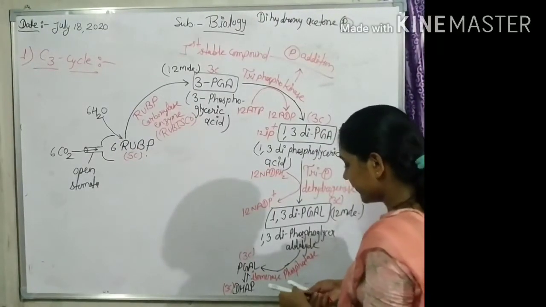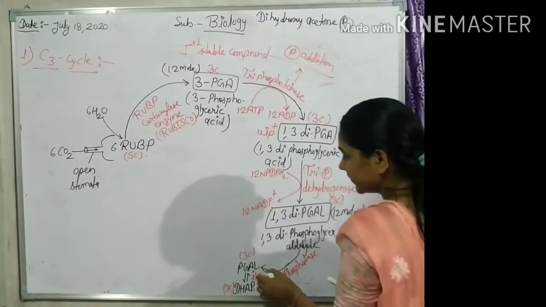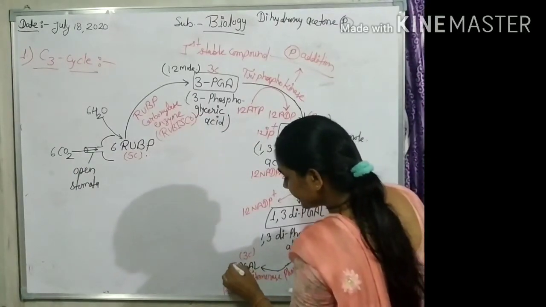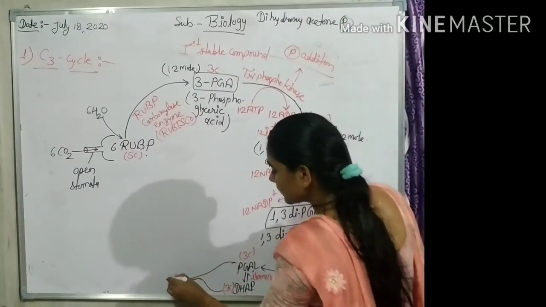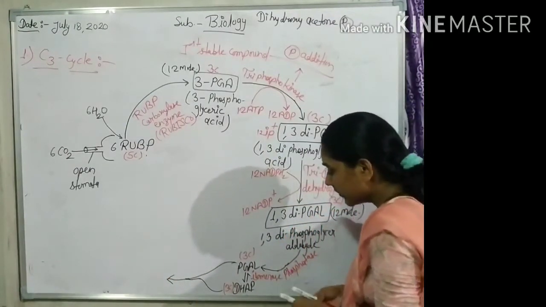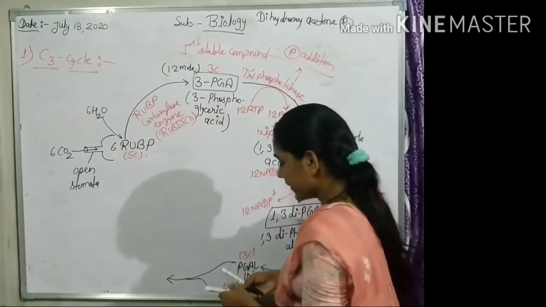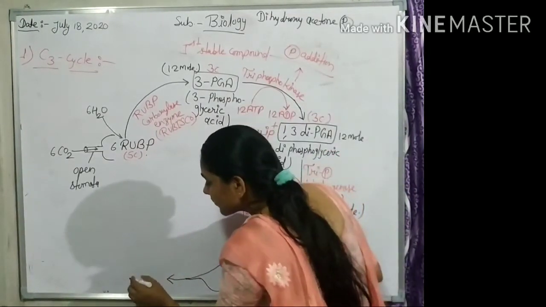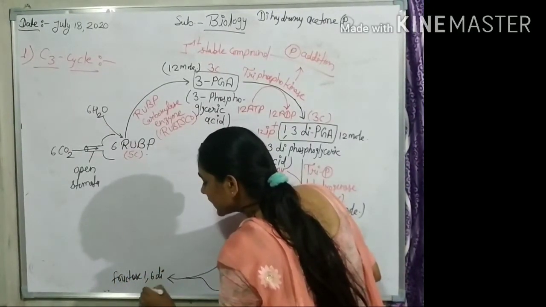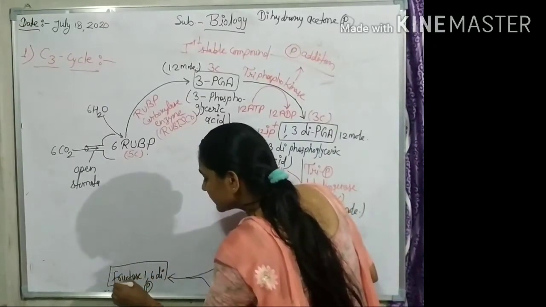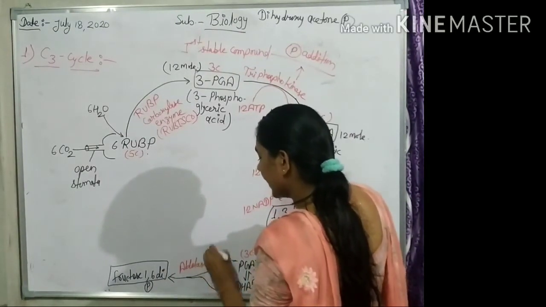Further, 3 carbon PGAL and 3 carbon DHAP, 2 molecules, form fructose 1,6-diphosphate in the presence of aldolase enzyme.